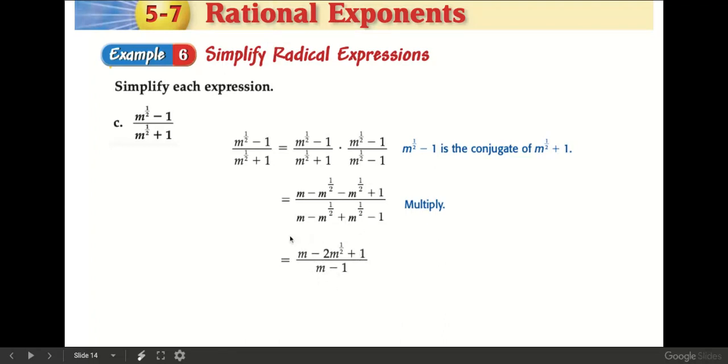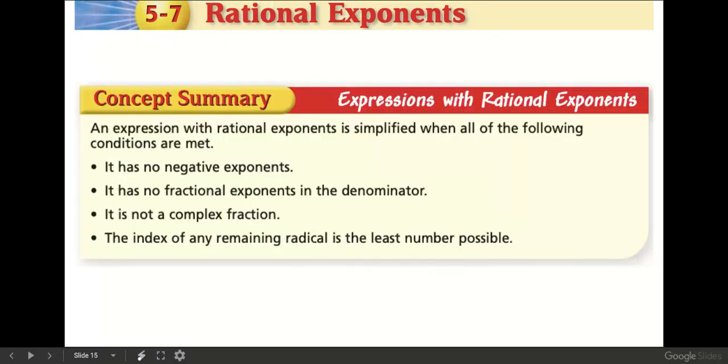In the numerator, I have m minus 2m to the 1/2 plus 1. And so that's going to be my simplified answer for C. So again, using that conjugate, I was able to rationalize the denominator, so I don't have any more fractional exponents. That would be my final simplified answer.